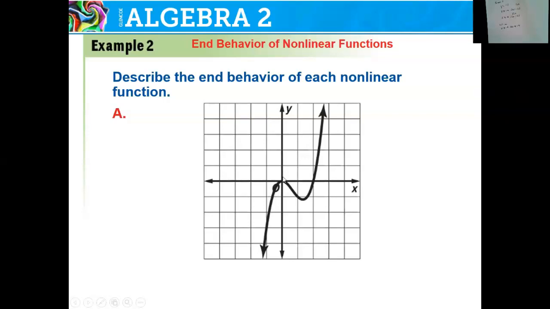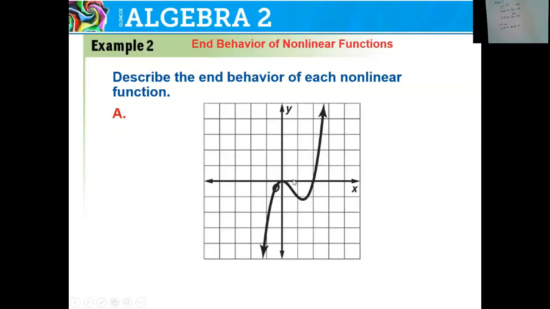Okay, talking about the right side, starting at the origin. It kind of throws you for a loop because it has this little extremal point here where we're decreasing, decreasing, decreasing, but then our graph begins to increase again. We're talking about end behavior, so we don't even have to pay attention to that. This little extremal point doesn't matter to us.